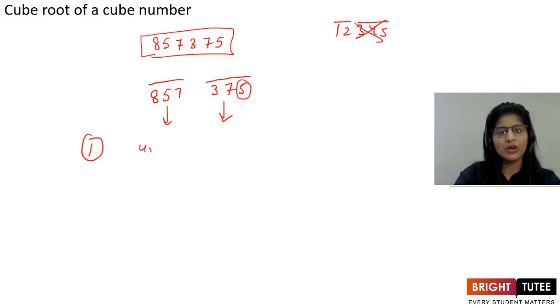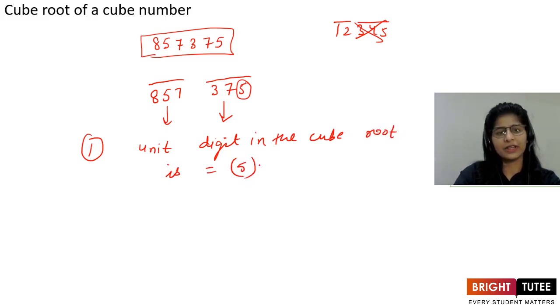So we know the unit digit in the cube root is, see, cube of 5 will be 125, so you write down in bracket 5, right? Noticing this, we can put a circle on it and notice that the unit digit in the cube root of this number will be 5, right?